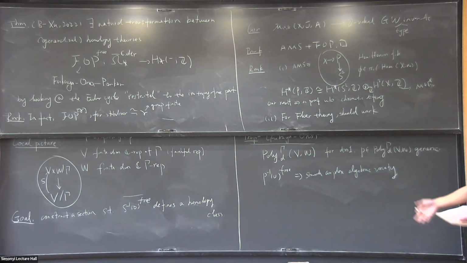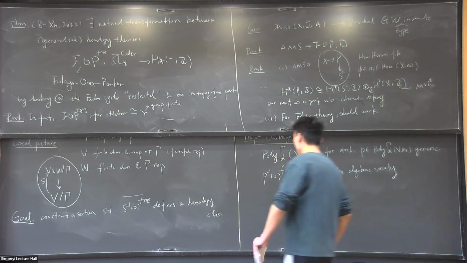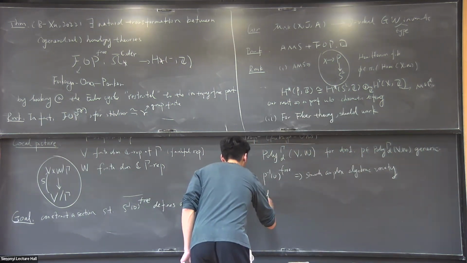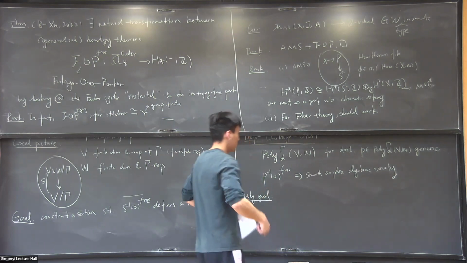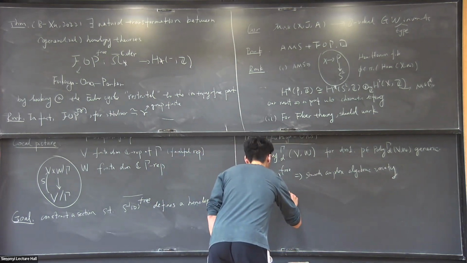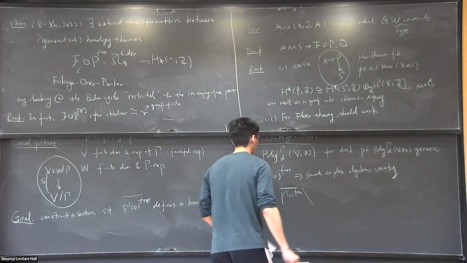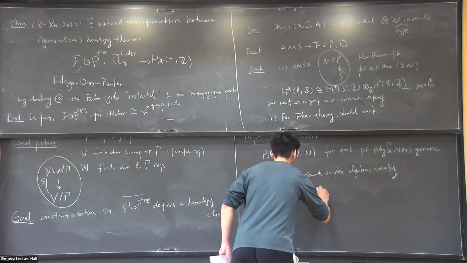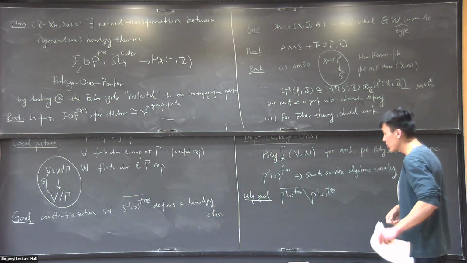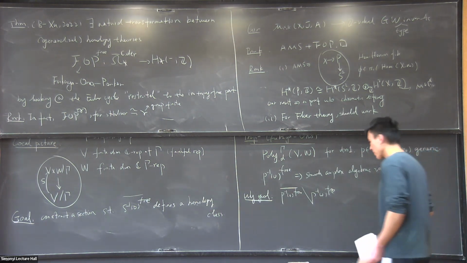So why is this good? It's good because it's a complex algebraic variety. If we take the closure of this and look at the boundary of this zero locus, it will have real codimension at least 2.